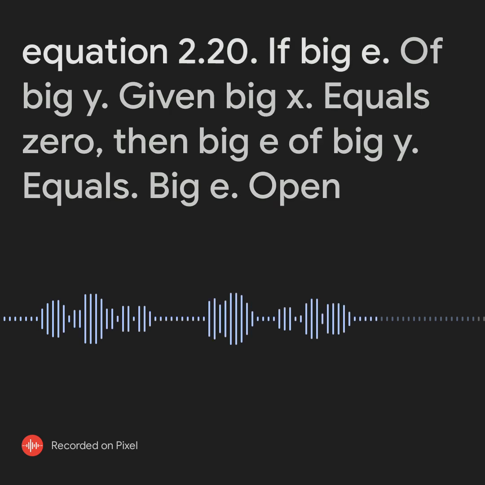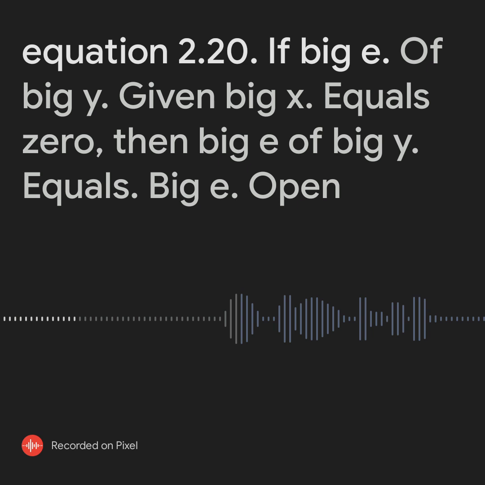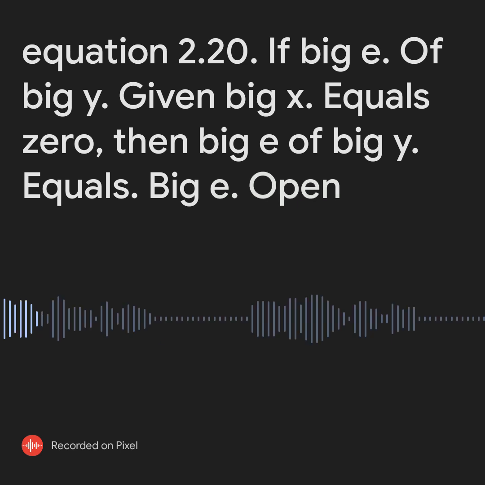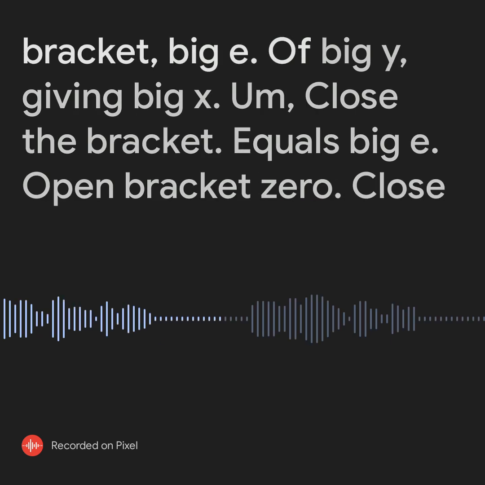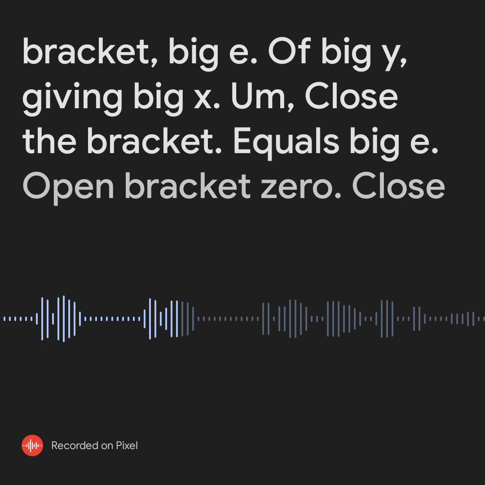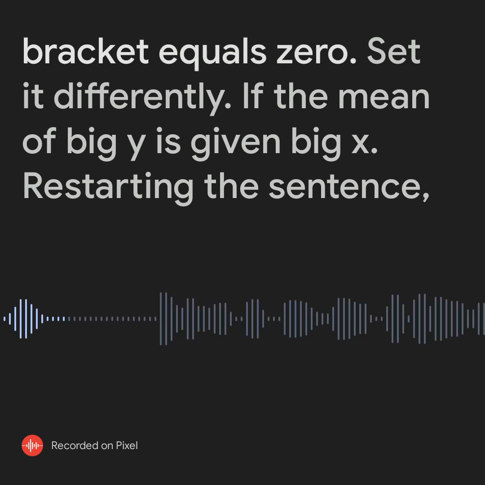If E of Y given X equals 0, then E of Y equals E open bracket E of Y given X close bracket equals E open bracket 0 close bracket equals 0.